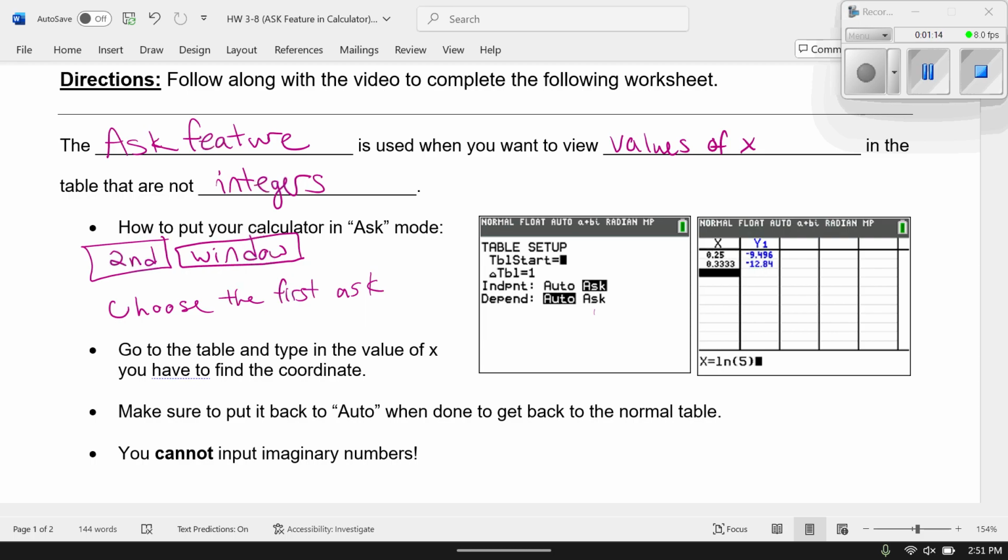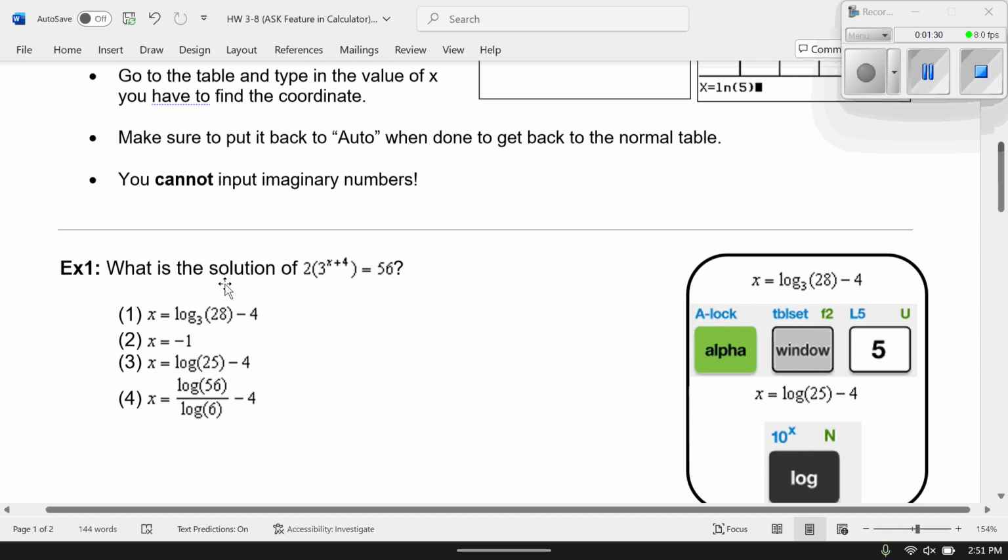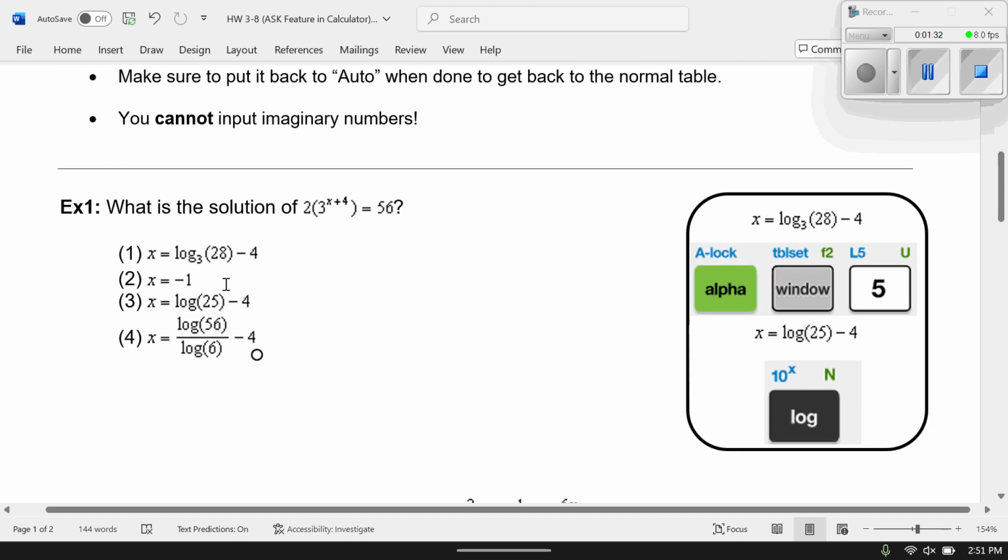There is an independent and a dependent ask button. You always want to choose the top one. We don't touch the bottom one. And that's going to allow you to put decimals in your table. So let's go over how we'll actually use it in a question. Really important, you cannot use this feature for imaginary numbers, unfortunately.